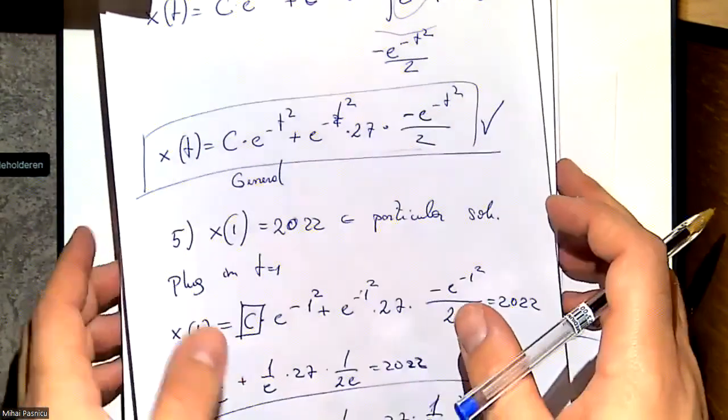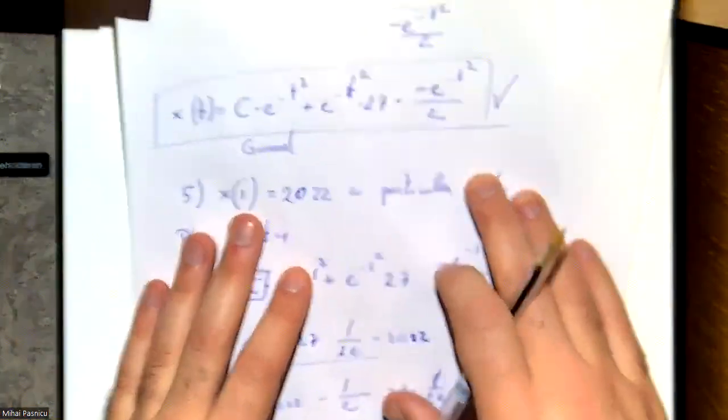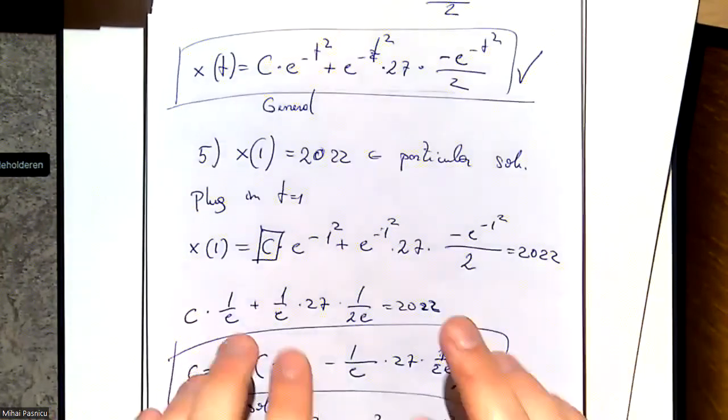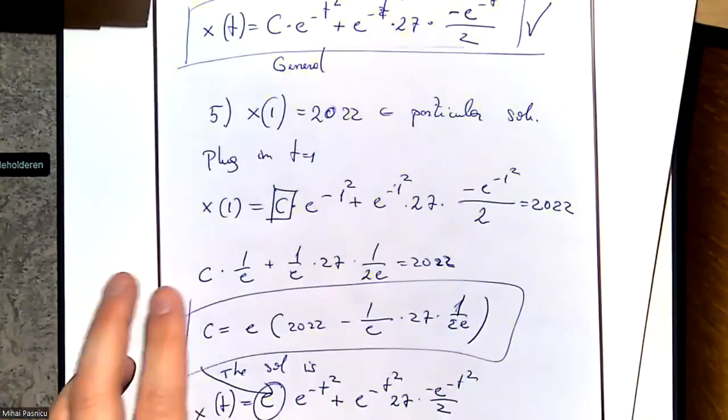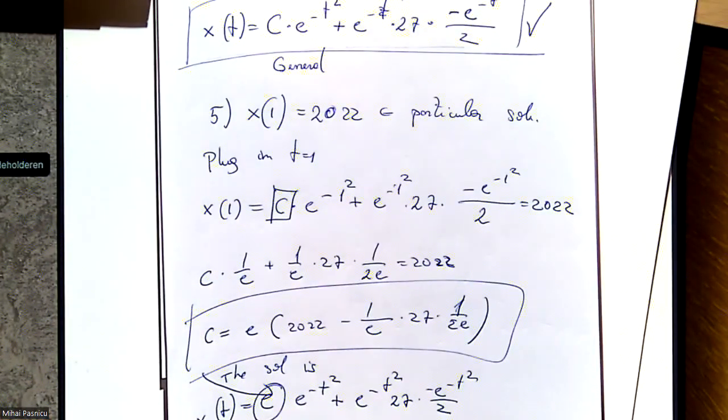Once you solve the remaining integral, you get a general solution. And then if they're asking you for the particular solution, you just plug it in and see what your constant is. Those are literally 99.9% of the problems you're going to have.